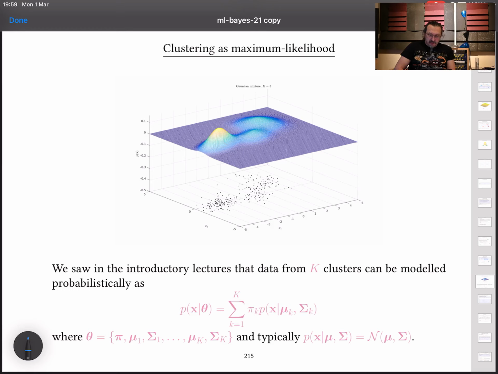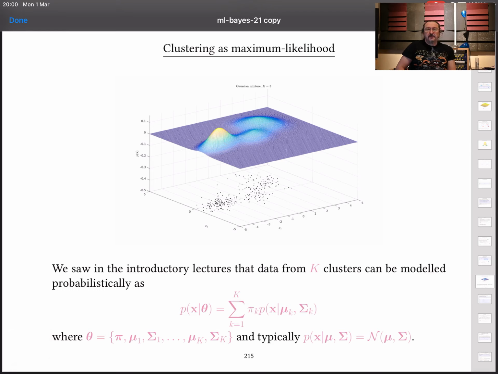So on this slide I'm proposing a thing called a mixture model, which says that if we assume that our data comes from K clusters, has been generated in such a way that it should form K clusters, let's use a probabilistic model that looks like this in order to model the generation of that data.